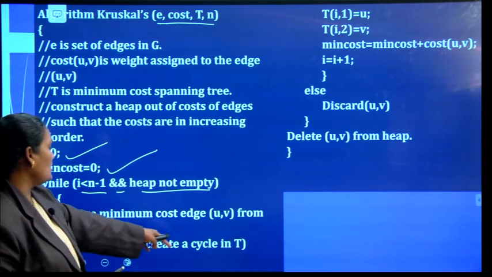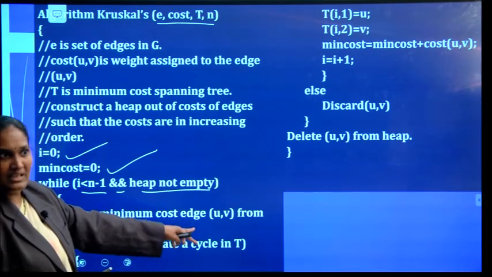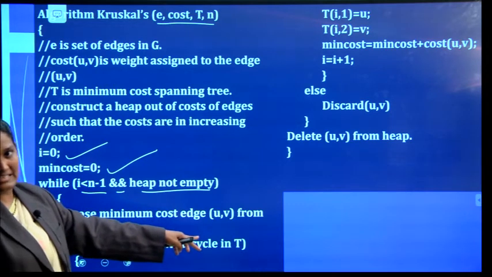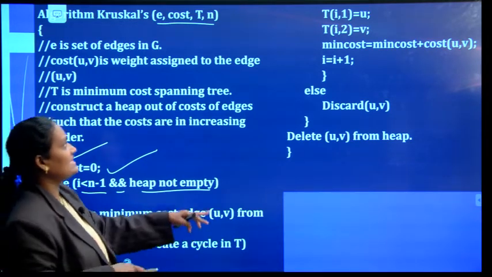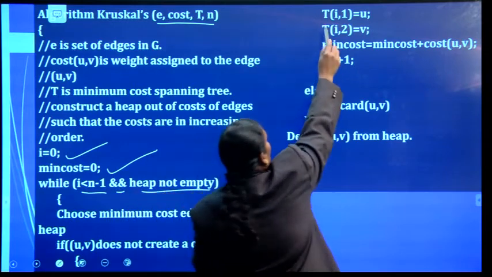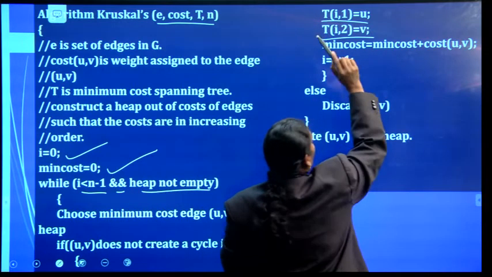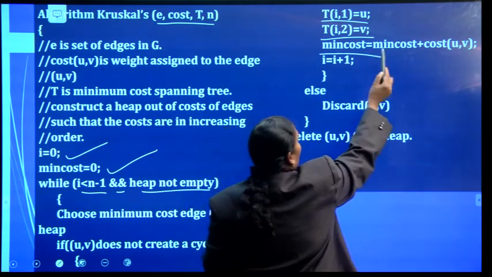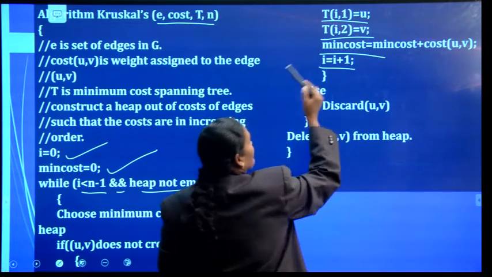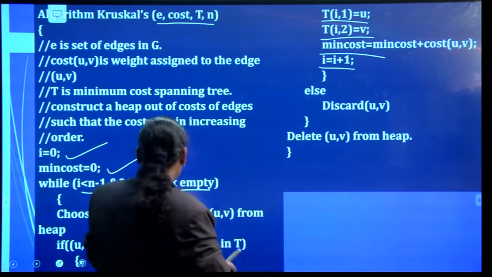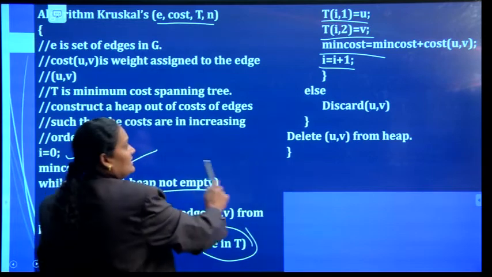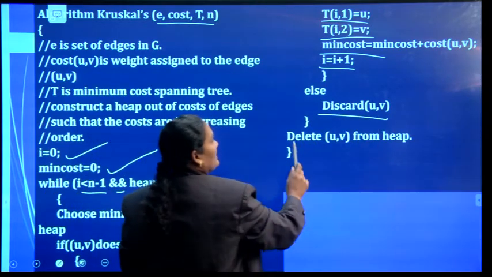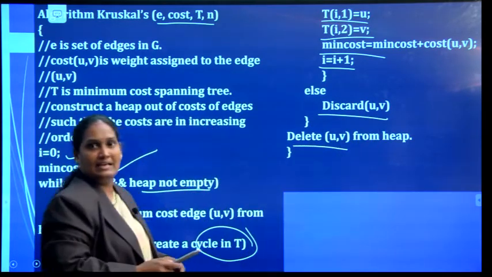If the selected edge UV does not create a cycle in T, then we add that edge into the spanning tree and we update the minimum cost value. Else, if this condition is false, we discard UV and delete UV from the heap.